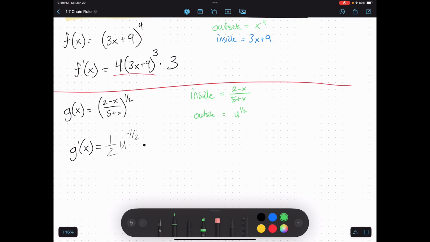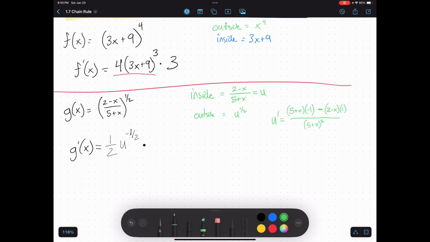Okay, so let's crank out quotient rule real quick. If I'm calling this u, my inside function, then u prime, my derivative of the inside function, is bottom times the derivative of the top, which is just negative 1, because 2 minus x, the coefficient for the x is a negative 1, minus, keep the top, derivative of the bottom, which is just positive 1, because 5 plus x, the coefficient for the x is just a 1, all over the bottom squared.